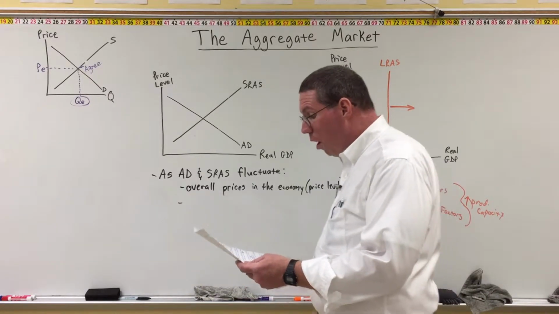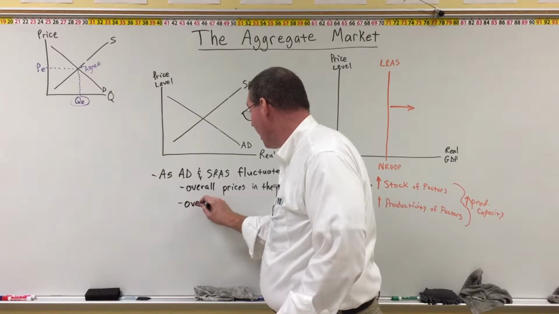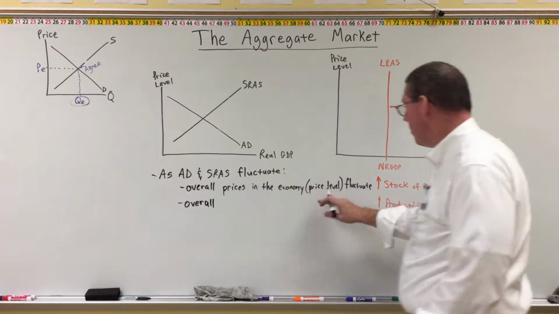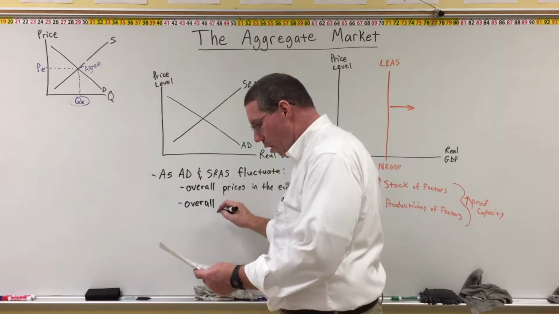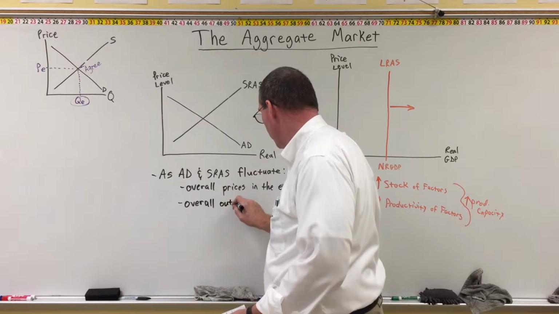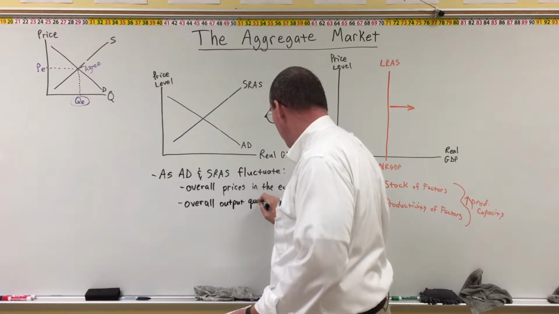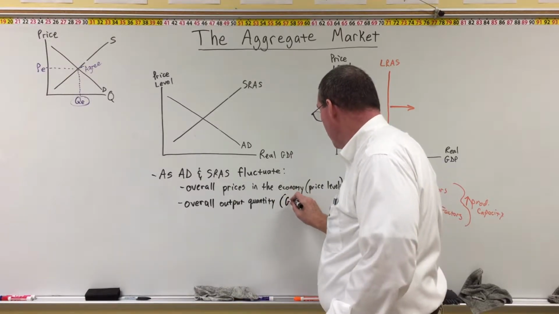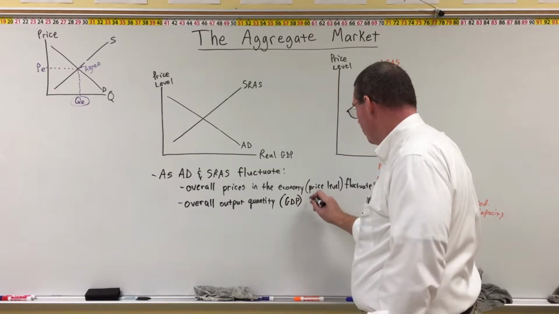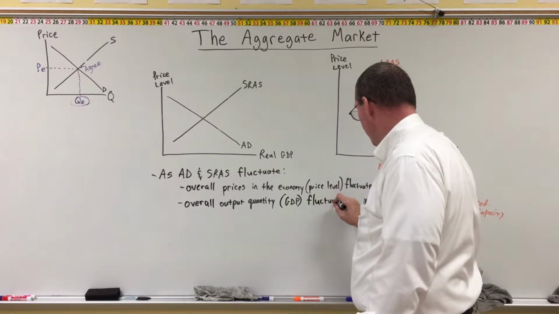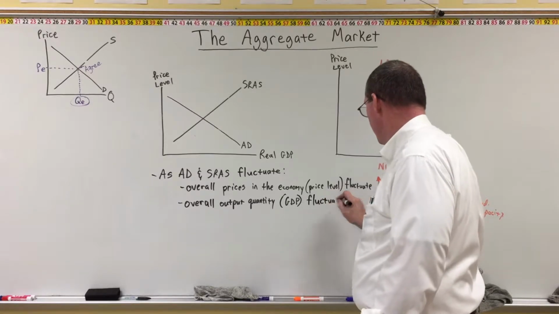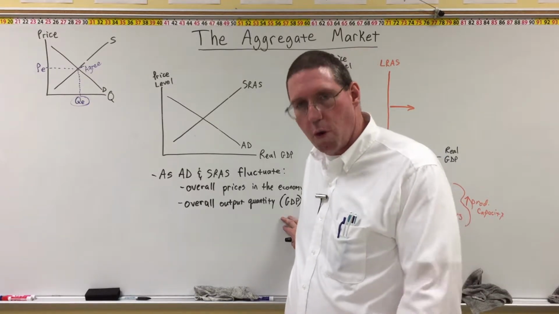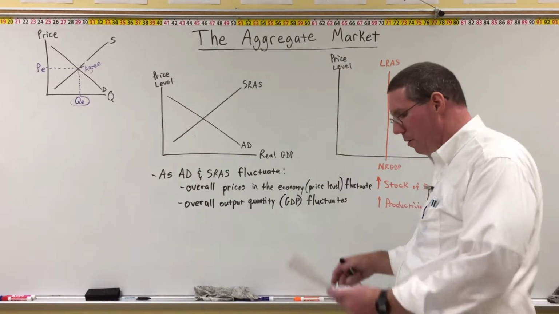Also, overall output quantity, aggregate output quantity, okay, when I say overall, I mean aggregate, so aggregate prices, we have a name for that, price level. Also, overall output quantity, which we call GDP, fluctuates. And when I say GDP, we measure it by real GDP, but it's still gross domestic product. It is the overall amount of product that we produce.